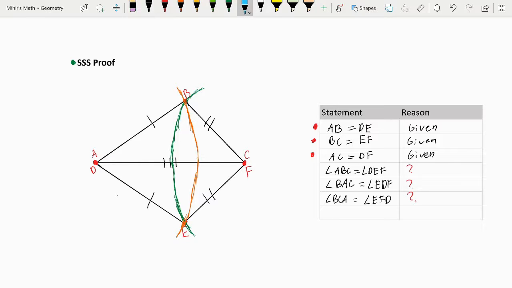So if we were to consider an arbitrary point X, this X would be the same distance from C, the same BC distance from C, but it would not be the same distance from A as E and B are.